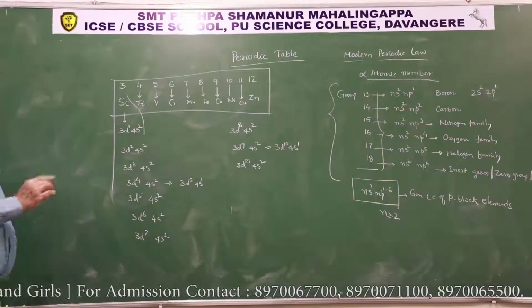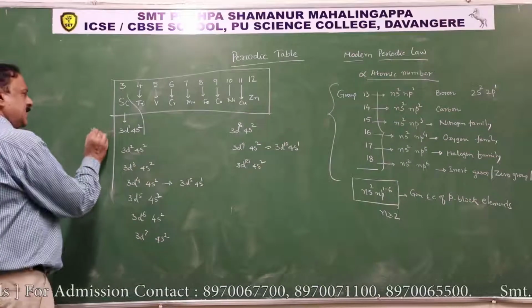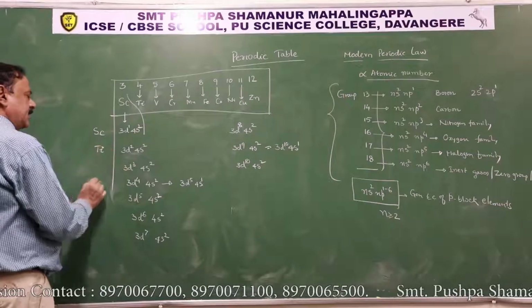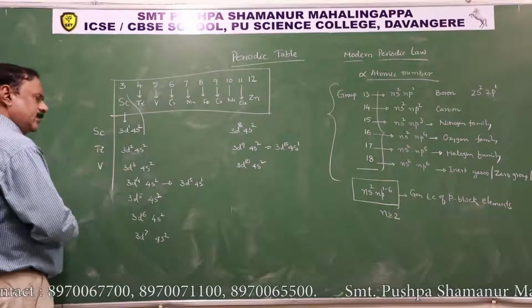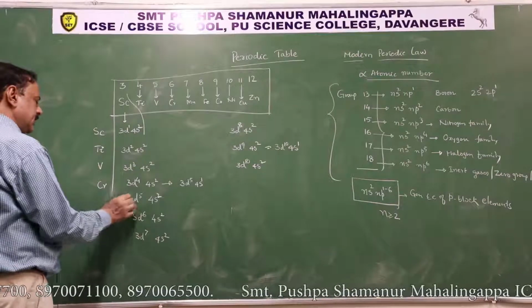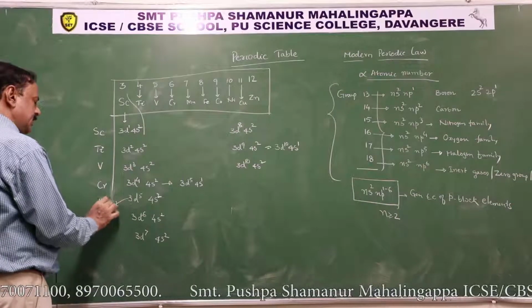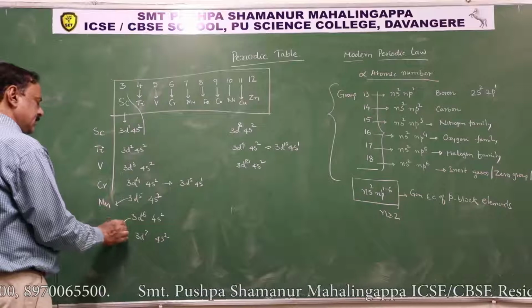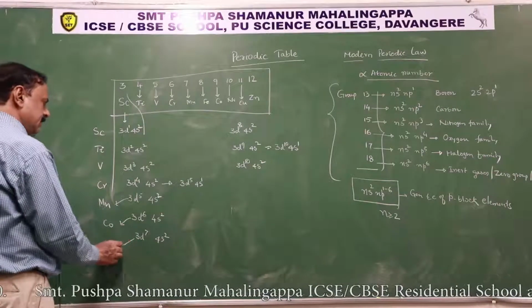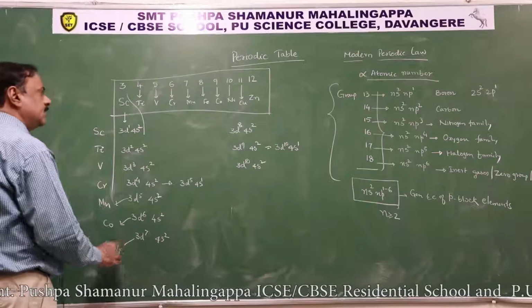3d10 4s2 configuration. This is for scandium electronic configuration. This is for titanium electronic configuration. This is for vanadium electronic configuration. This is for chromium electronic configuration. This is for manganese electronic configuration. This is for iron electronic configuration. This is for cobalt electronic configuration. This is for nickel electronic configuration.